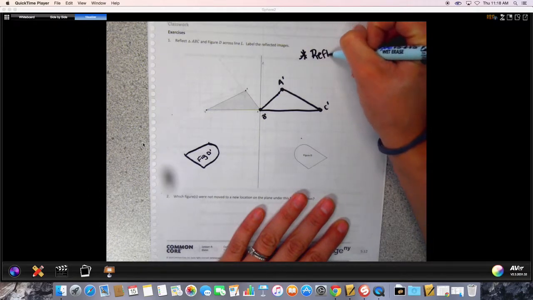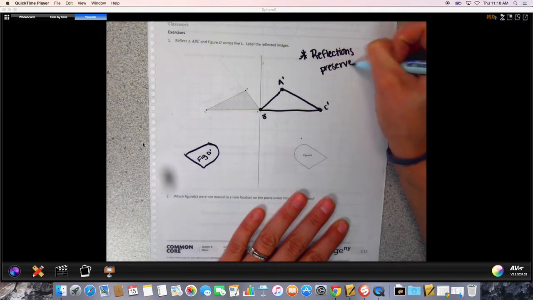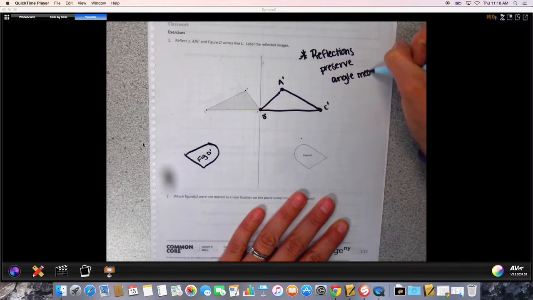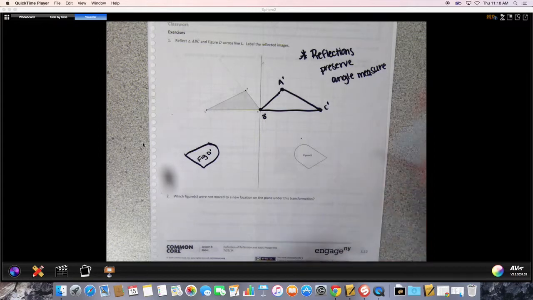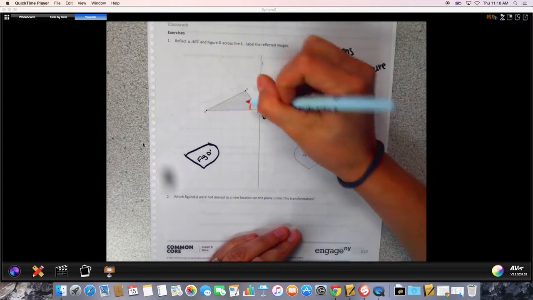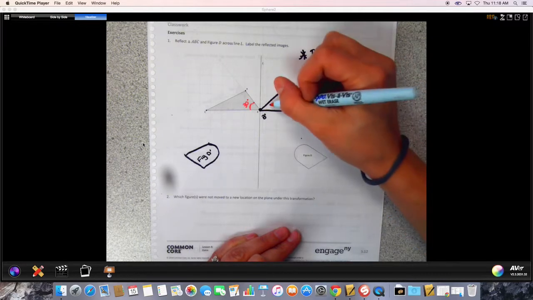Reflections preserve angle measure. Okay, what that means is that if I know on my original, for example, this is 30 degrees, then I know that my reflected image right here of B prime is also 30 degrees.